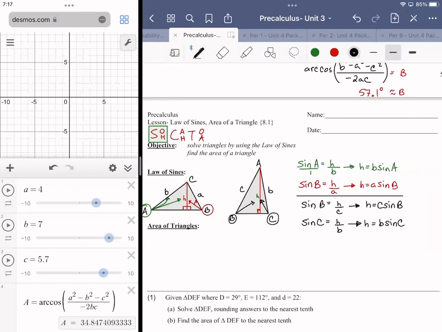Now it's kind of an apples and oranges situation here because these two H's are different H's. They're not equivalent to one another. So it's not a direct substitution.